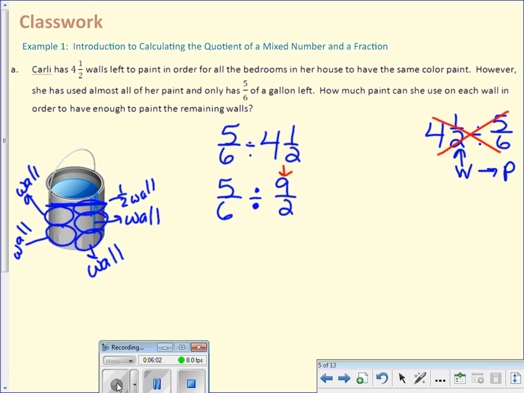Now we can multiply by the inverse. So now we have 5/6 times 2/9. So that's your next step. To make our multiplication a little bit easier, exactly what you just said, we can cross-reduce. You don't have to cross-reduce. You may not always be able to cross-reduce.